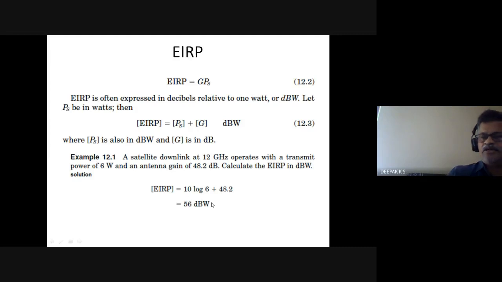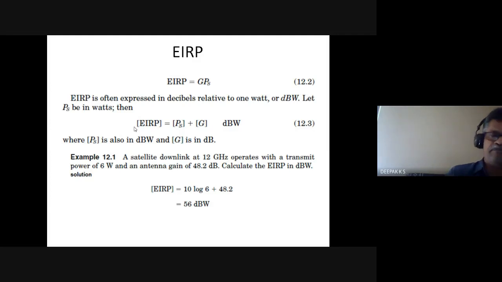Another thing to note is that if you work out the problem, you can have dBW in effective isotropic radiated power, and one of these terms can be in dBW and one can be in dB. You can add a dB and a dBW, and then the result will be dBW, because actually you are multiplying only.